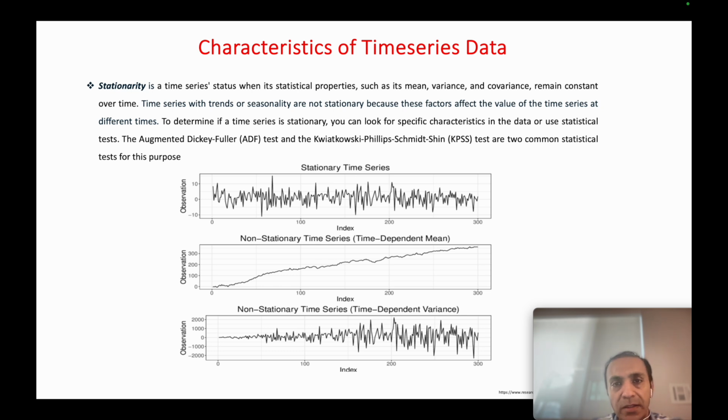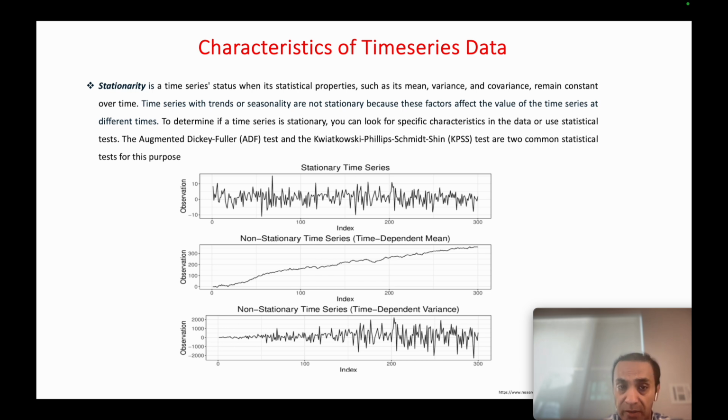Another characteristic of time series data is stationarity, which is a time series status when its statistical properties such as mean, variance, and covariance remain constant over time. Time series with trends or seasonality are not stationary because these factors affect the value of the time series at different times.